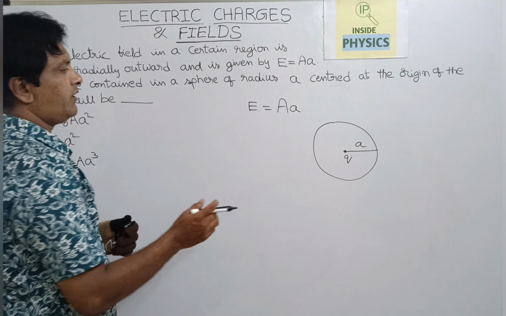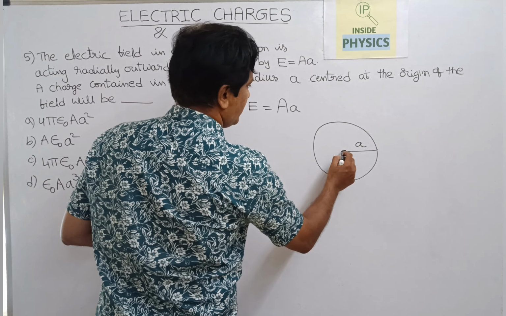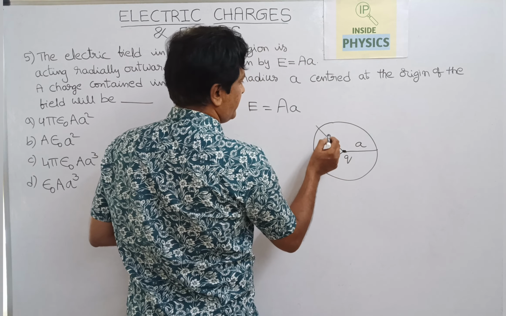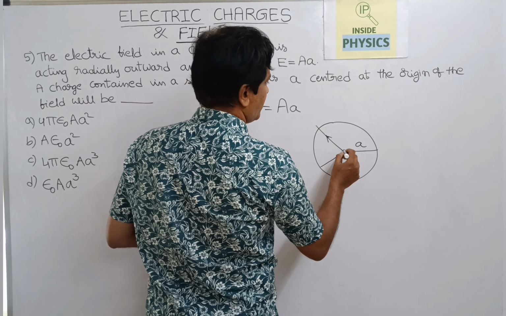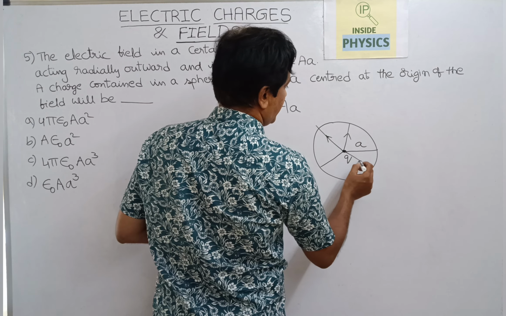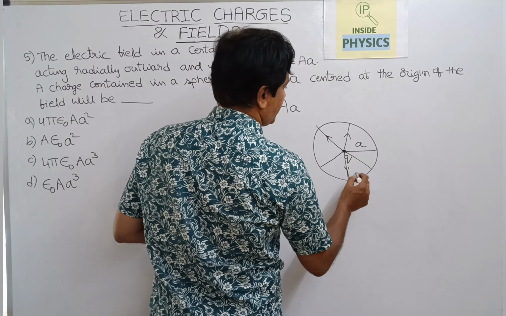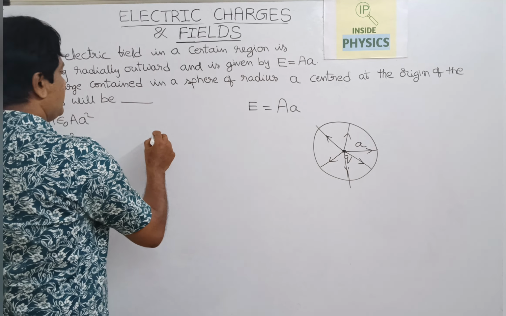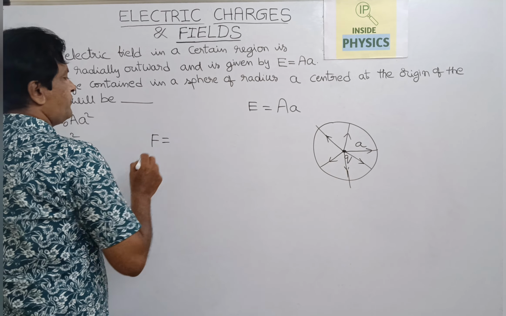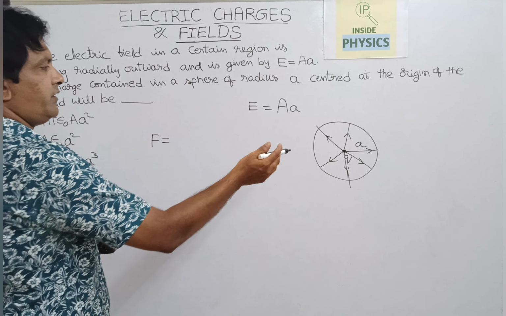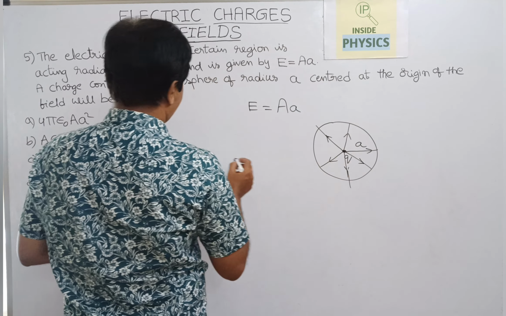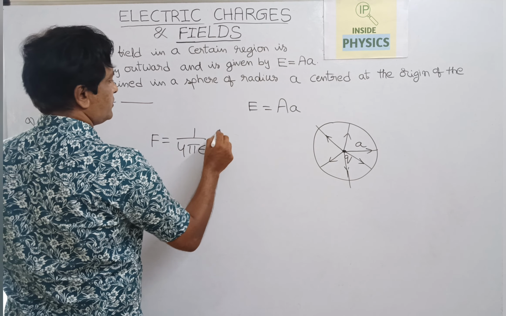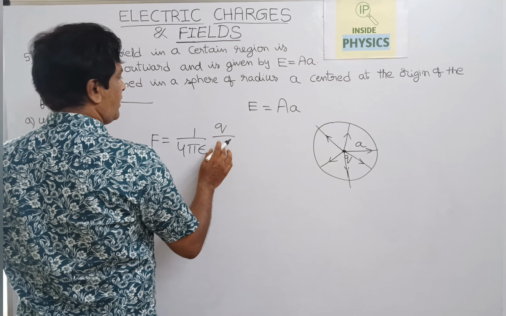How to get the value of this charge? We all know whenever there is a charge inside the sphere, the electric field will be radially outward. The electric field lines will come in this way, and for a sphere with the charge at the center, we can get the field as Q by R square.